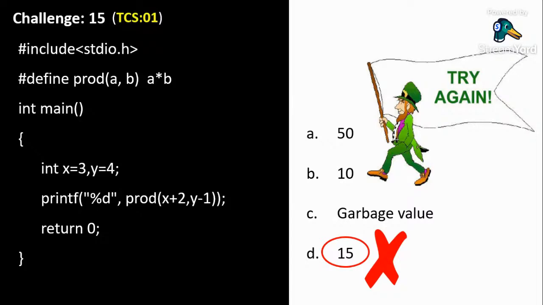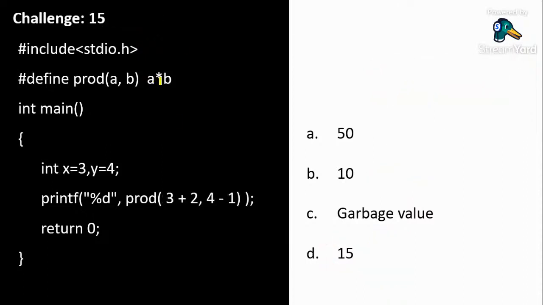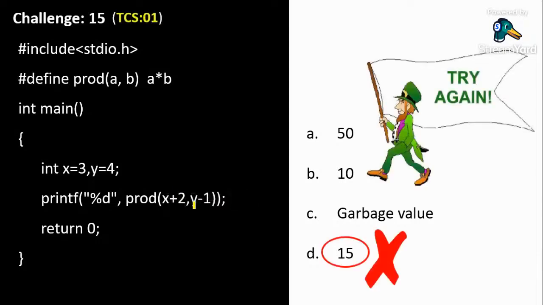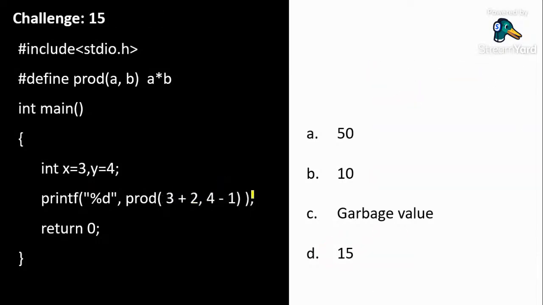Okay, so everybody's saying garbage value 10, 50. So what basically is happening here is when I write A into B, so A X and Y value, that is 3 and 4. So 3 is here, 2, so 4 minus 1.